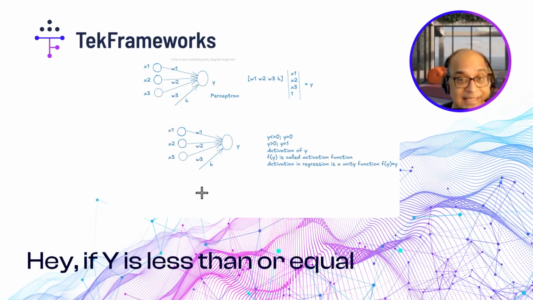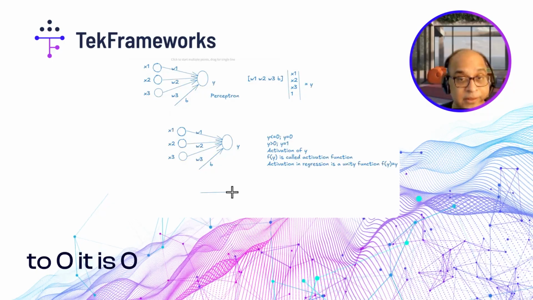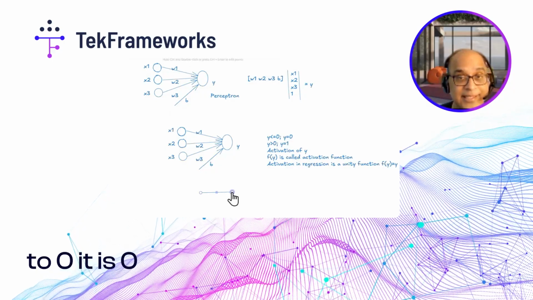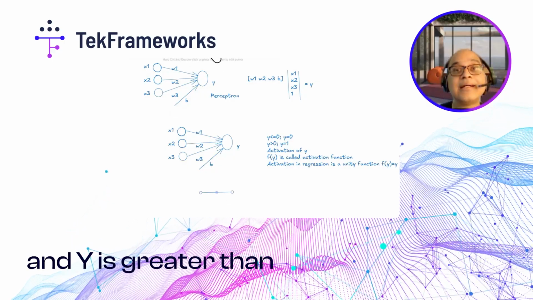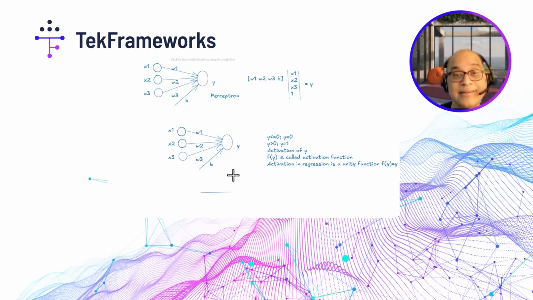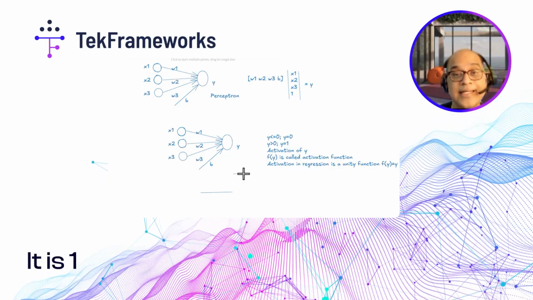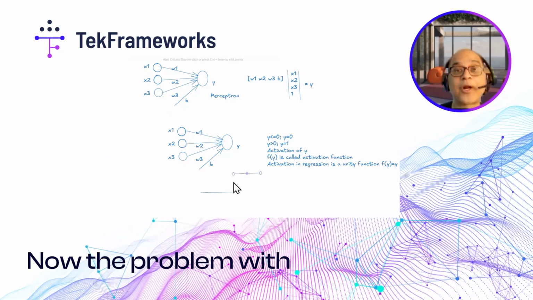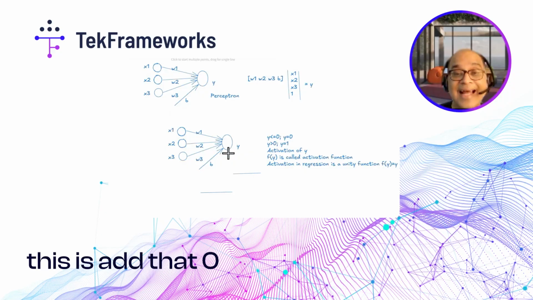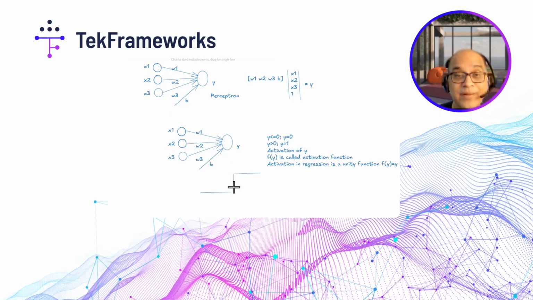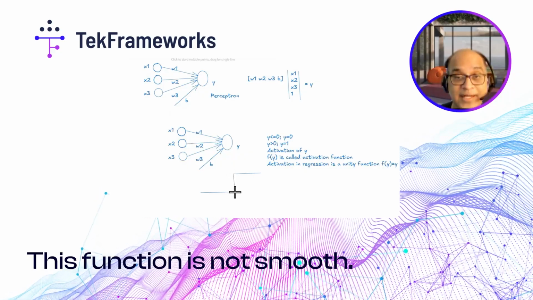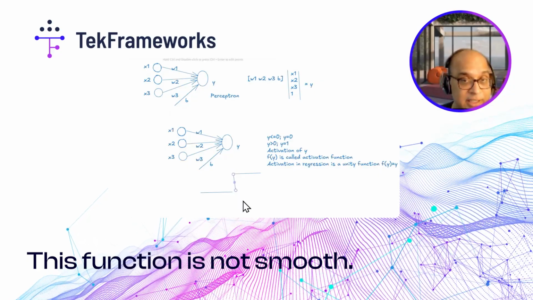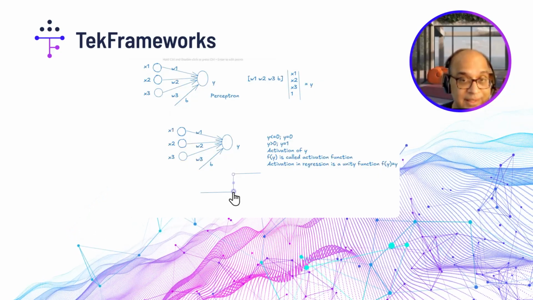What is it saying? If y is less than or equal to 0, it is 0. And if y is greater than 0, it is 1. Now, the problem with this is that at 0, this function is not smooth.